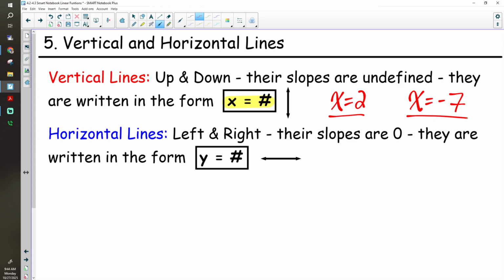If you ever see a linear equation or function that is just y equals a number, like it's missing the x, then that means the line is flat. Okay? Again, it could be like y equals 0, or it could be y equals 7. Okay? If you just see y equals a number or x equals a number, it just means that line is either flat or vertical. It's just memorized.